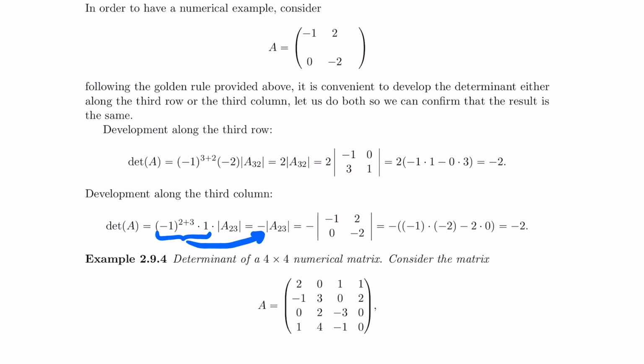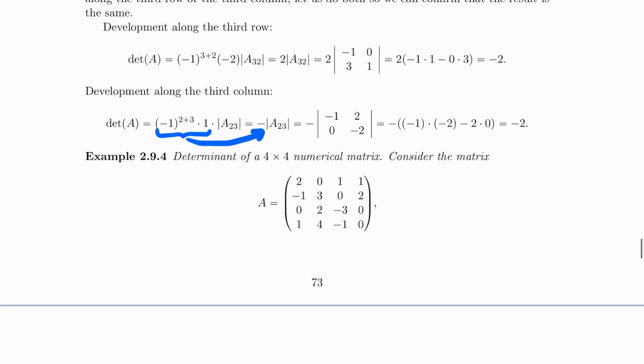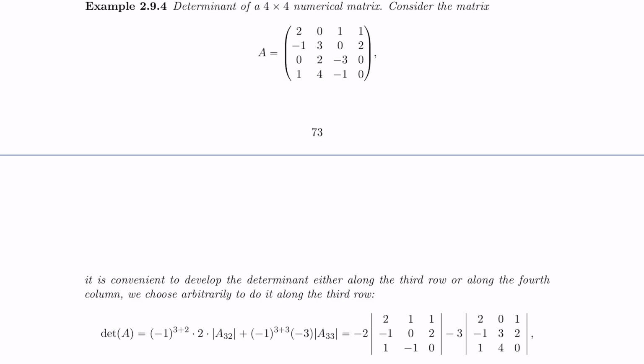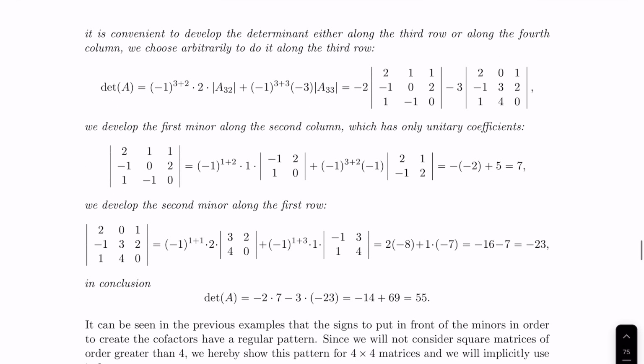Let's increase a little bit more the difficulty of the computation of the determinant by considering this square matrix of order 4. Using the golden rule, we can develop the determinant using Laplace formula, either choosing the third row or the fourth column. I chose in a totally arbitrary way the third row. Using exactly the same strategy that I showed you before, you have that the determinant is written like this.